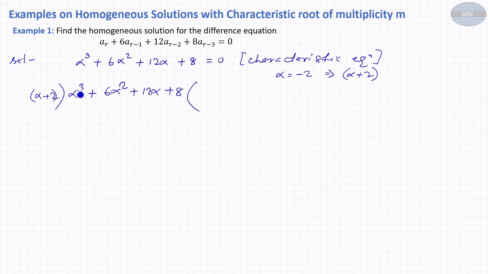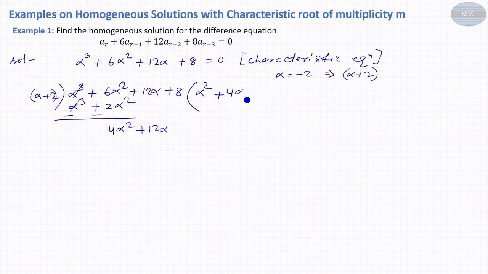So the quotient is alpha square, this will be alpha cube plus 2 alpha square, minus, this will cancel out, this will be 4 alpha square plus 12 alpha.